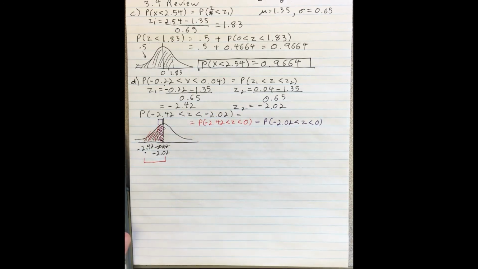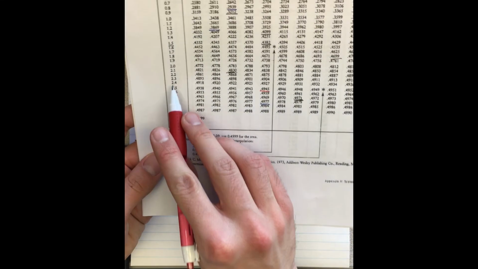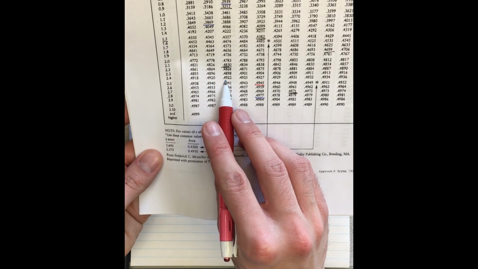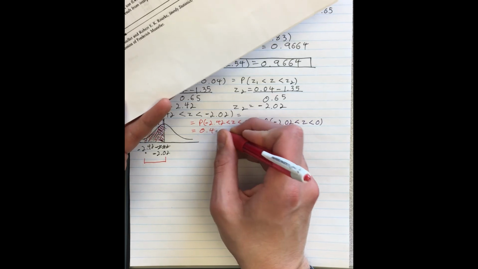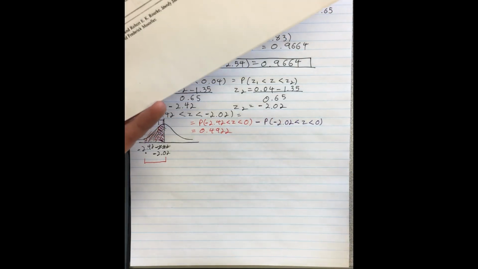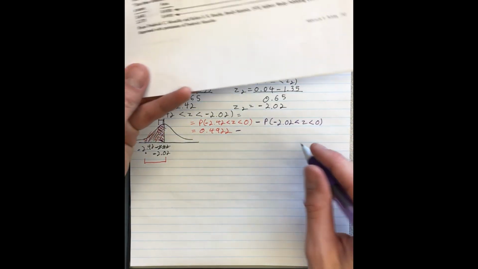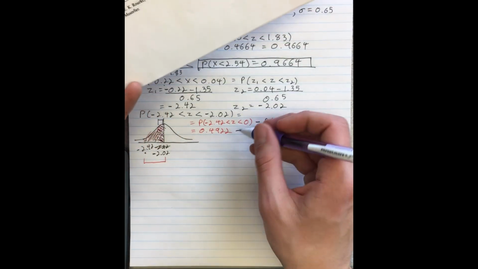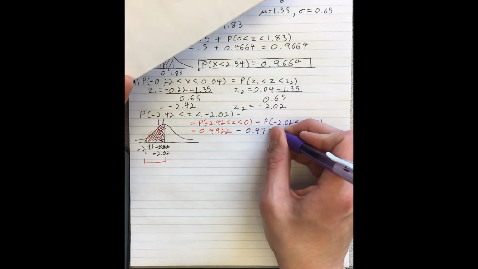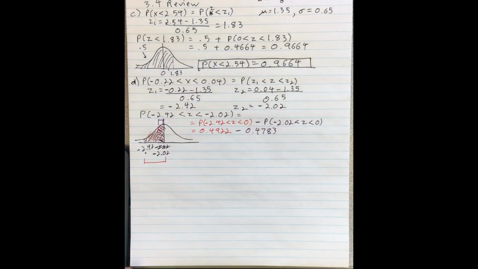So now this one, 2.42, let's look on our chart. 2.4 and then a 2 here, there's 0.4922. So this is equal to 0.4922 minus, and now we look over here, 2.02, which is 0.4783. And what do we get as a final answer?